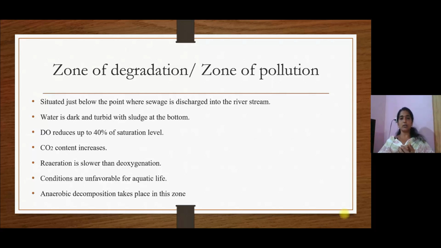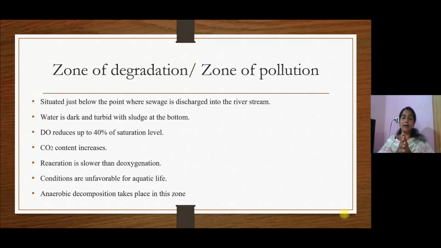slower than the deoxygenation. That is, the dissolved oxygen content present in the dilution water and the wastewater gets utilized by the decomposition process, and the dissolved oxygen content reduces up to 40% of the saturation level, and the reoxygenation rate is very low at this stage, and the conditions are unfavorable for aquatic life.